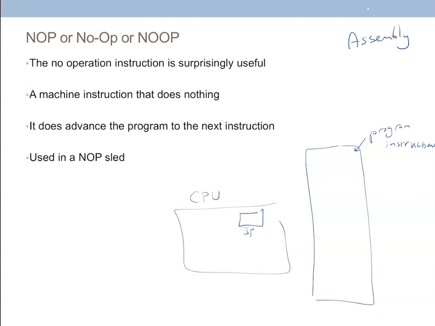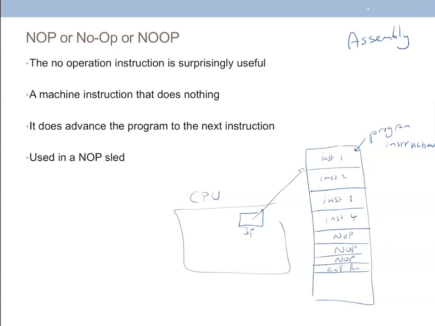Now, as your program is executing, it's going to execute instruction 1, maybe assigning a variable. Instruction 2 is assigning another variable. Instruction 3 is maybe doing some kind of calculation. Instruction 4 puts the calculation in an answer. You can have no-ops as part of your instructions, and then maybe down here there's a function call, which is a jump in assembly. Each of these instructions has an address, and the instruction pointer points to the address of the current instruction.